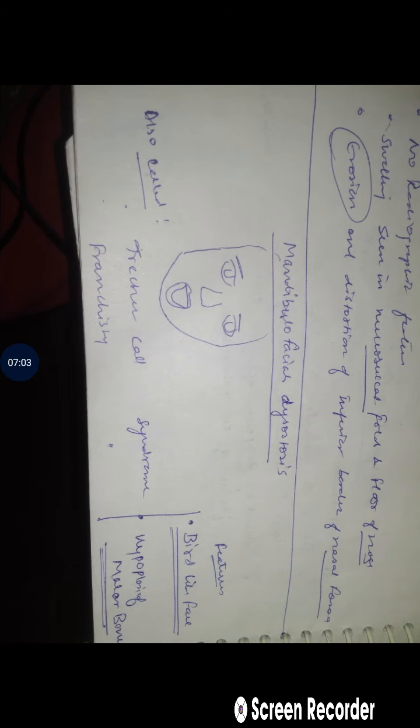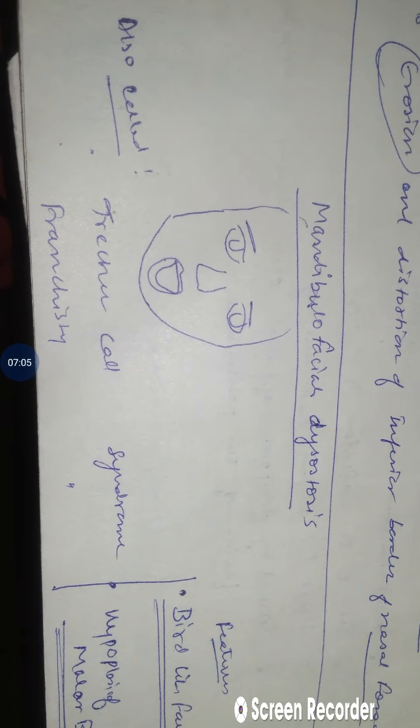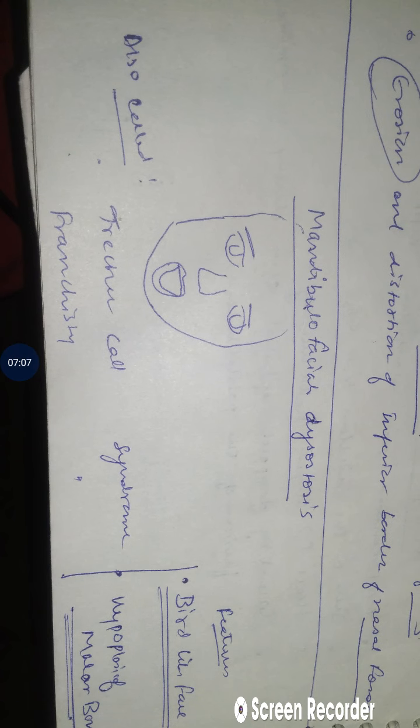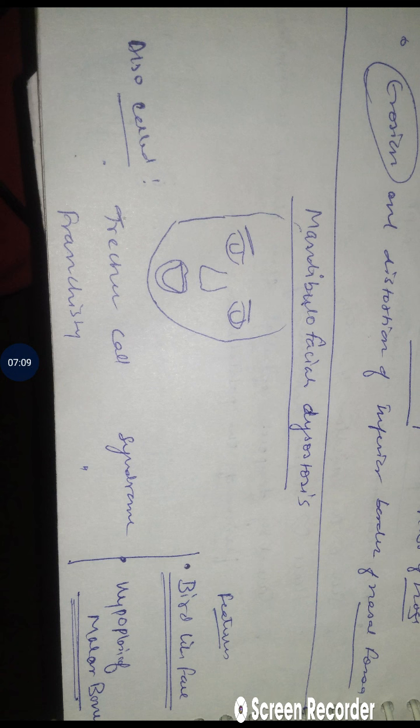Now let's move to another topic, that is mandibulofacial dysostosis. This is most commonly asked in exams. It is also called Treacher Collins syndrome. You must have heard of this name, Treacher Collins syndrome. Now, what are the features? Actually, this diagram is not good, so you won't learn anything from it, but you should know the features.